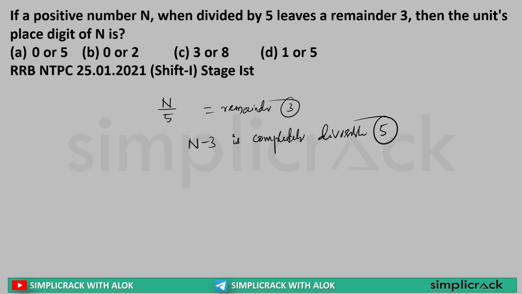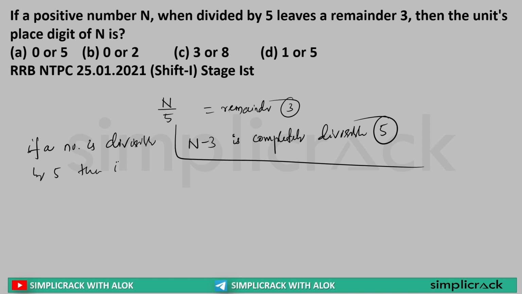Yes or no? If a number is divisible by 5, then it must have 0 or 5 as its unit digit.